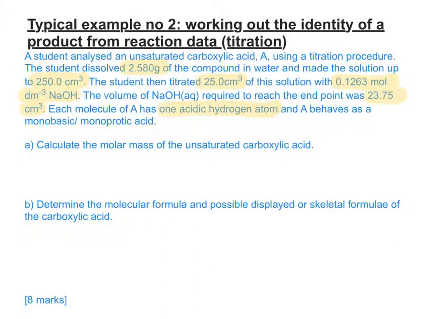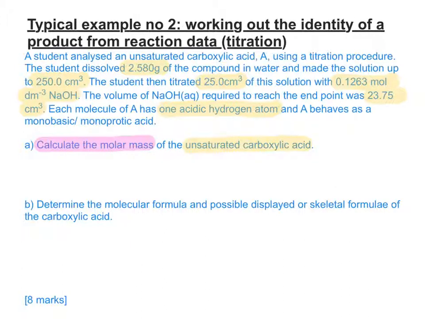So the next thing it says to do is calculate molar mass. So I'm going to slightly change my colour, and highlight it in a slightly different shade here, because what I'm highlighting now is what it wants me to do. Now I've just spotted one more thing, as I'm sitting here chatting to you.